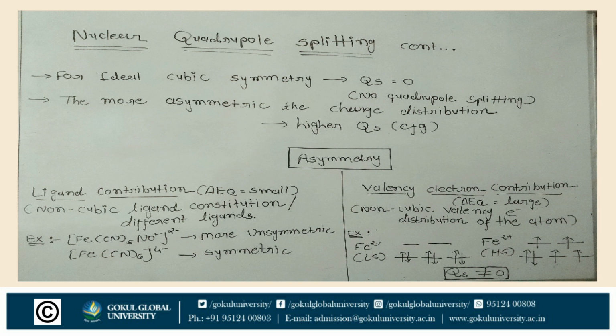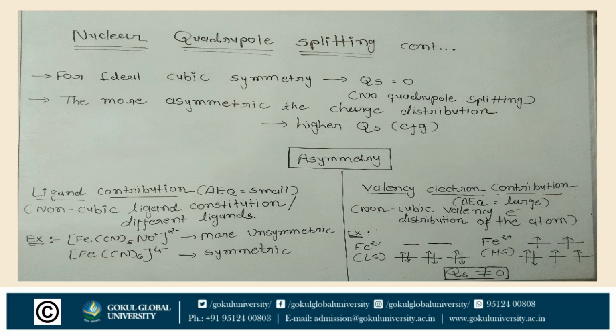There are 5 cyanide ligands present, so there will be an asymmetric number of ligands present, so there is asymmetry in the ligands. It means this molecule is more unsymmetric. So in this case, we will observe the quadrupole splitting while the other molecule is symmetric. So in that case, the quadrupole splitting is not observed.